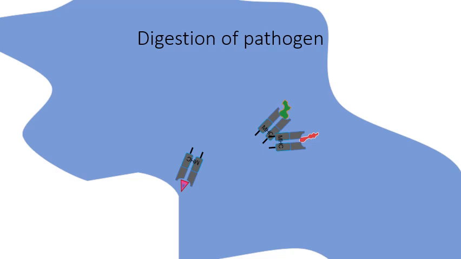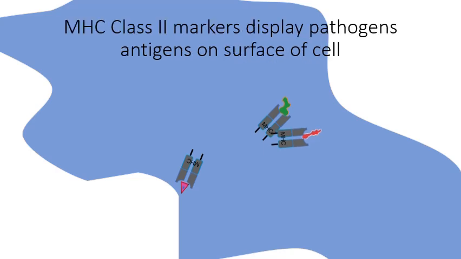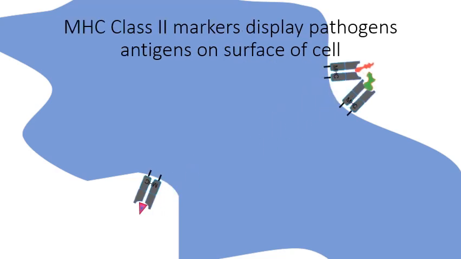So we saw the orange part of the pathogen sort of disintegrate away, and it left behind some of the antigens from the pathogen's surface. And now we're also seeing these MHC Class II markers in grey, and they're carrying those non-self antigens that belonged to the pathogen, for example a bacteria, to the surface of the cell. So those MHC Class II markers are now on the surface of the cell.